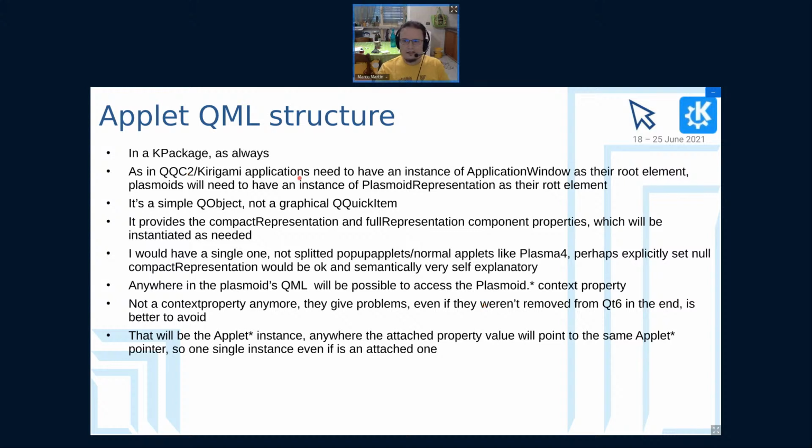So on the Plasmoid developer side, the structure is the same, all the QML files in a K package. A thing that I would like is to force the root object of the QML scene to be a particular class. Like usually in Qt Quick Controls and Kirigami applications, you have to have an application window.